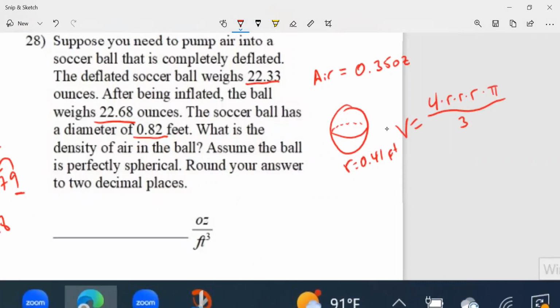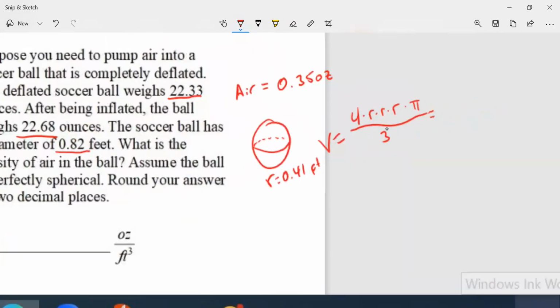So when I type this in, 4 times 0.41 times 0.41 times 0.41 times 3.14 divided by 3, it gives me 0.288549254. And I know this is in cubic feet.